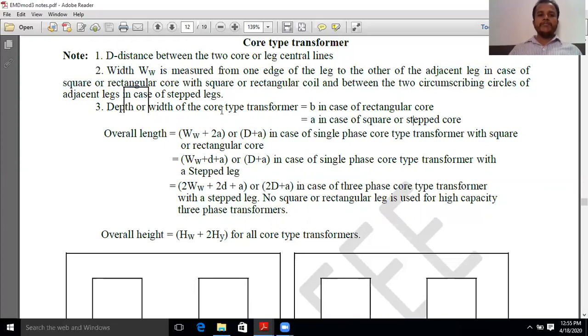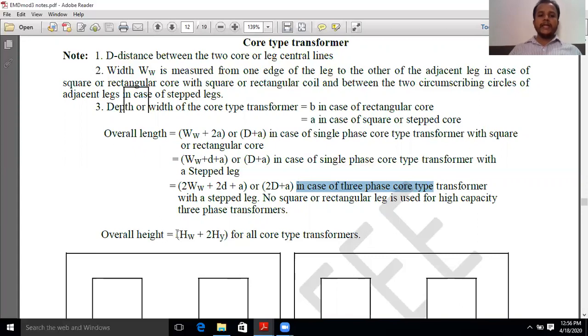Now we will see the overall length for different types of transformers. It is Ww plus 2a or D plus a in case of single phase transformer. Again, 2Ww plus 2D plus a or 2D plus a in case of three phase transformer.